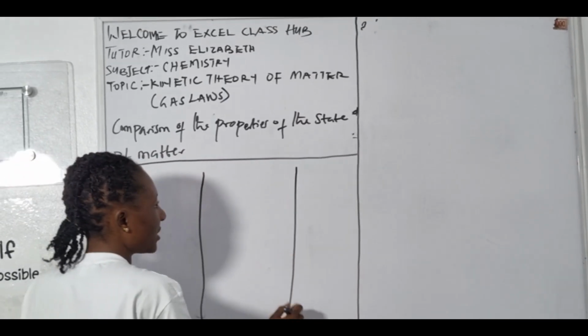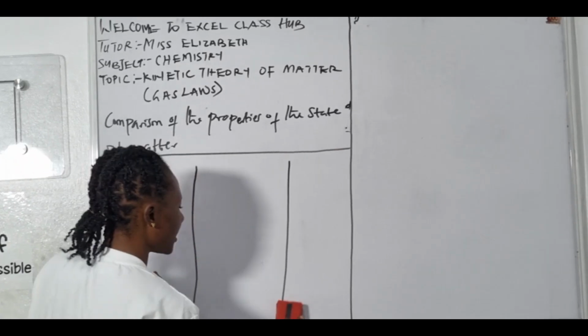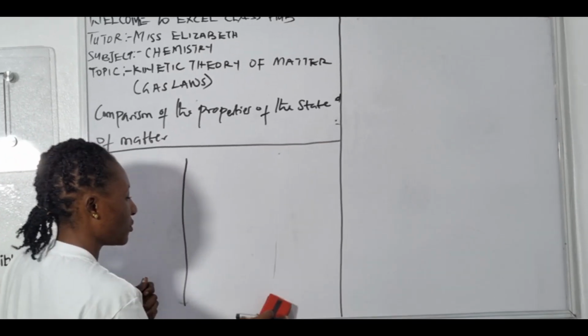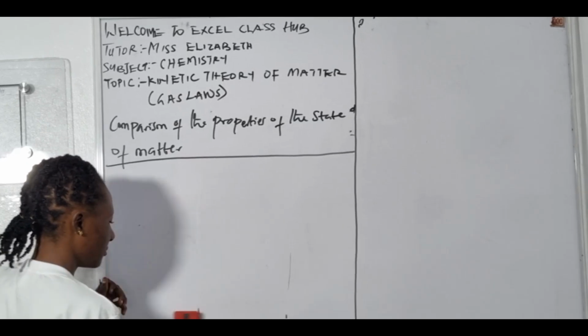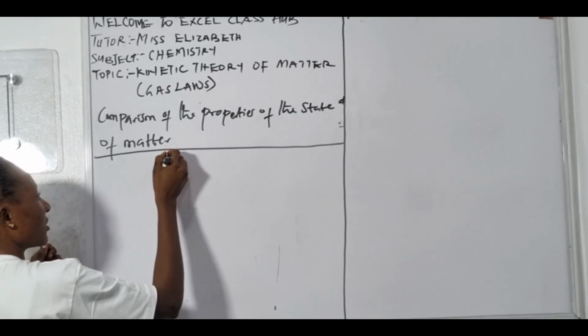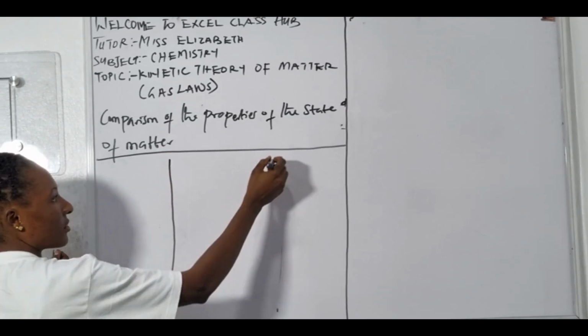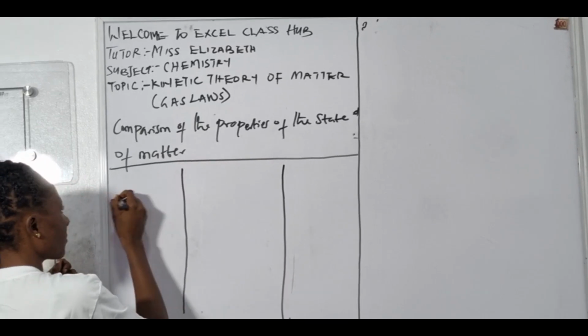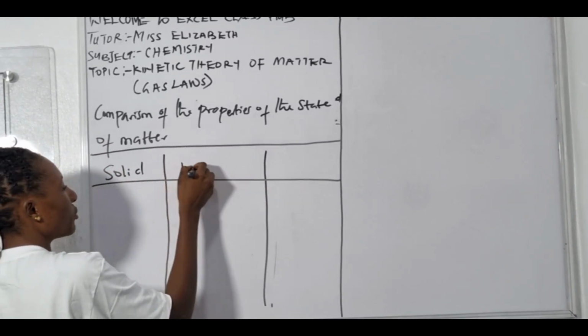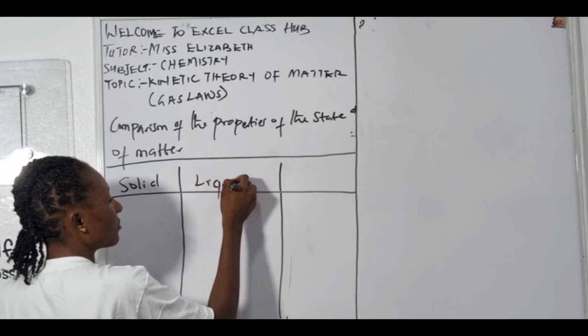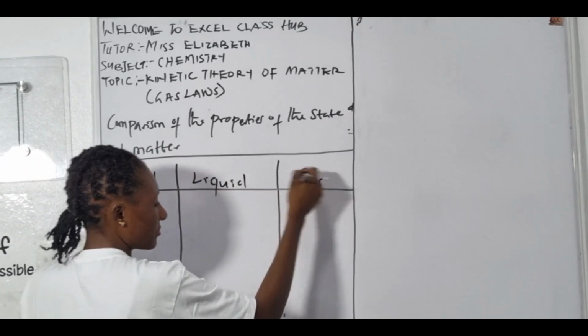Having established that we have three states of matter, to differentiate between them, we have to put this in a tabular form. So we have solid, liquid, and gas.